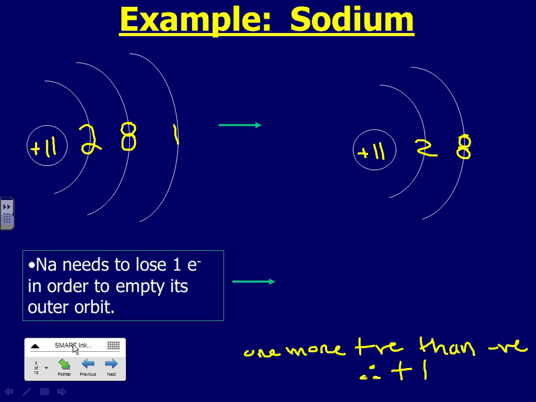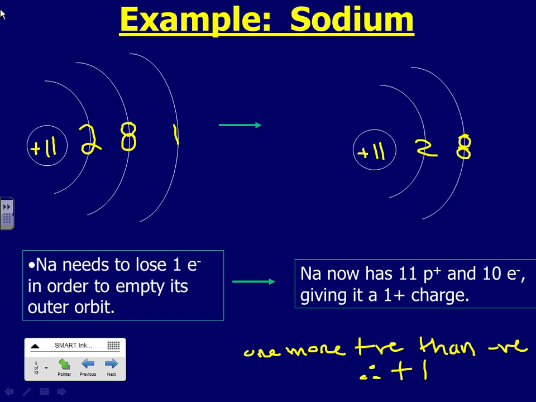I think that's enough information other than what we've got in these boxes. Sometimes we have too much information. Na needs to lose 1 electron. That's obvious. Na now has 11 protons and 10 electrons, giving it a plus 1 charge. 1 more positive than negative, plus 1 charge. Okay? If it gives away 1 negative from neutral, it becomes plus 1.